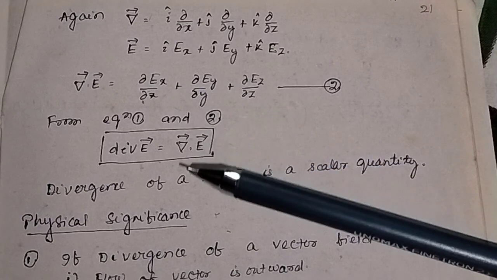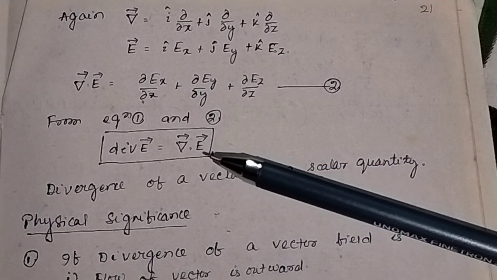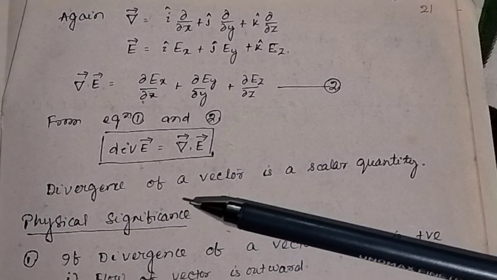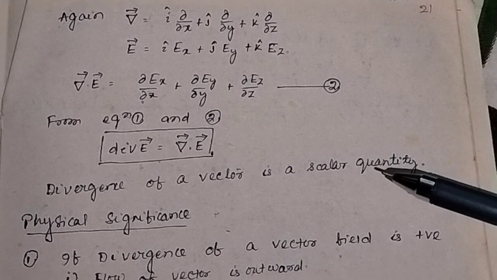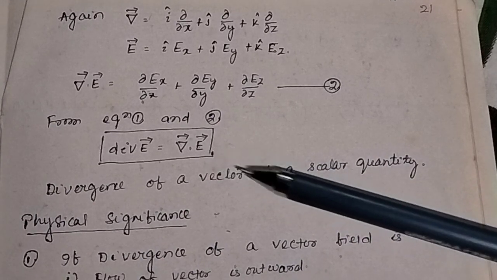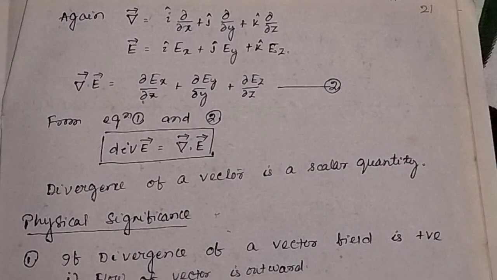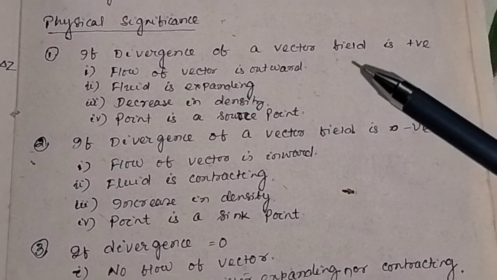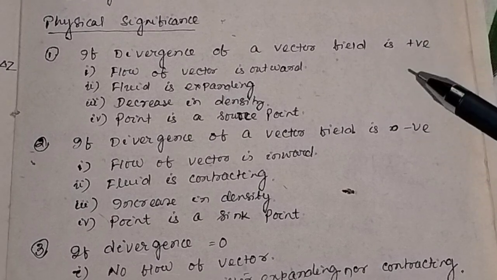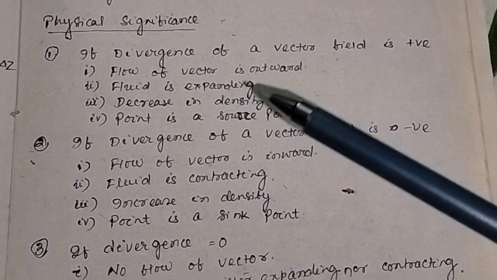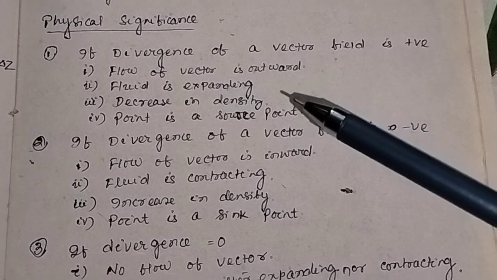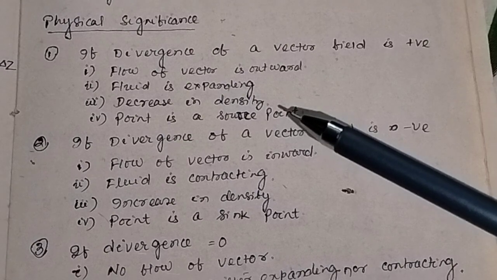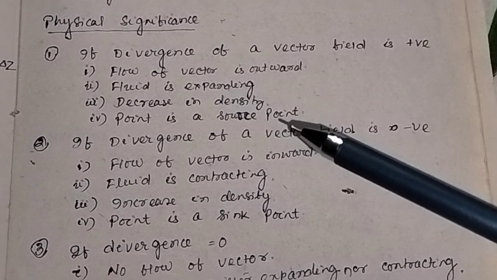You have to remember it, and remember that the dot product of two physical quantities is a scalar quantity, and here the divergence of a vector is a scalar quantity. You see, the divergence of a vector will be a scalar quantity. Then what is the physical significance of the divergence of a vector field? If the divergence of a vector field is positive, then the flow of the vector is outward and the fluid is expanding, and the density will decrease, and the point is called a source point.